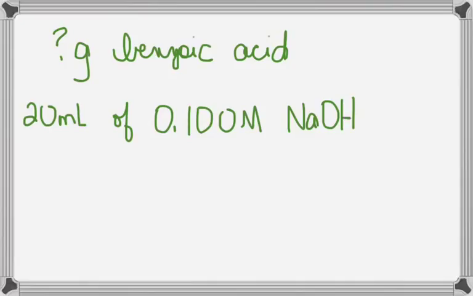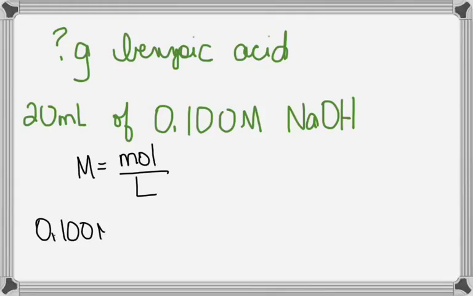So first what we have to do, guys, 20 milliliters of 0.1 molar sodium hydroxide, how many moles of sodium hydroxide is that? We're going back to this formula. Molarity is equal to moles per liter. The molarity is 0.100 molar. 20 milliliters is 0.020 liters.